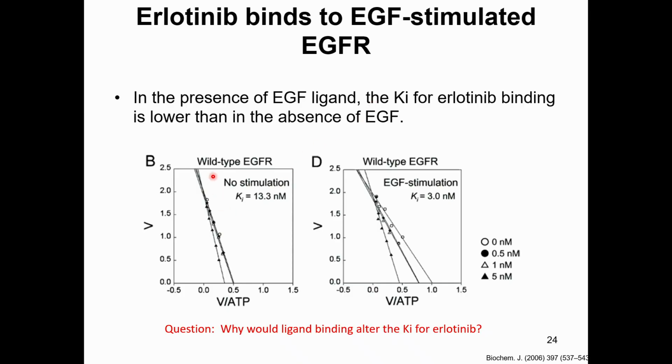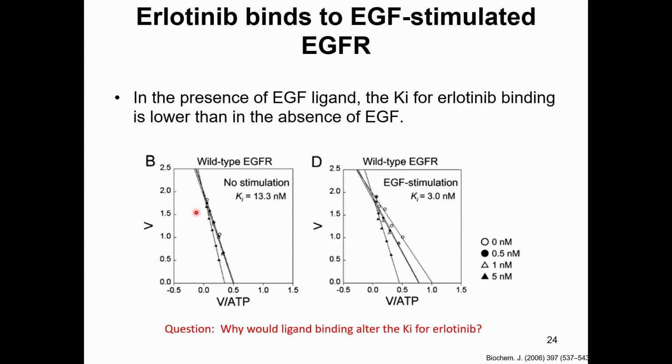And so here is a normal EGFR receptor, and I think we can interpret this. The Ki is 13. Remember, this is kind of the negative log. So the higher the number, the more strongly the binding. So 13 nanomolar. You can think of it almost like a Kd.